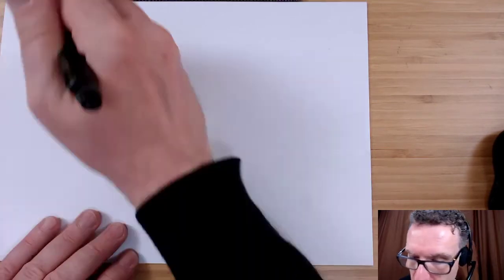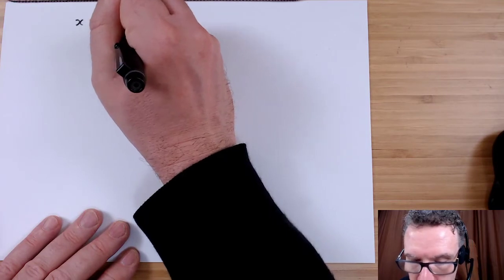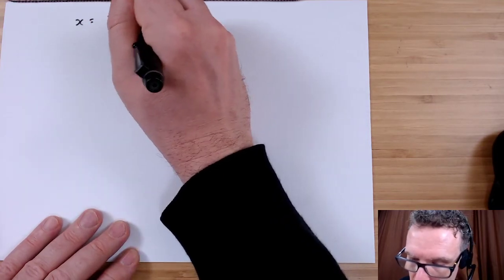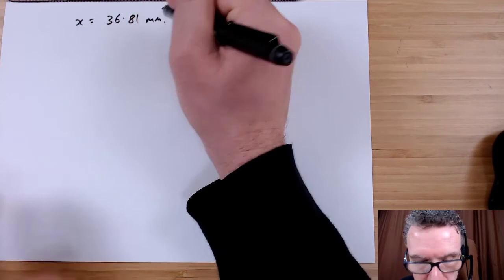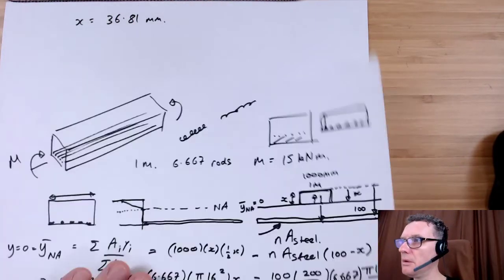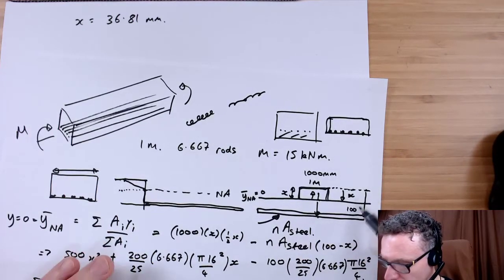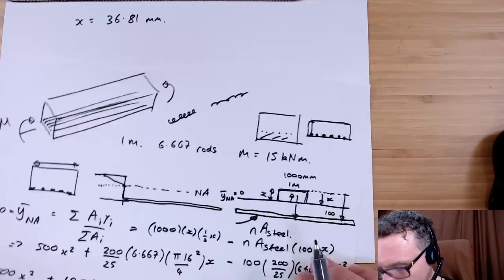So that gives me x equals 36.81 millimeters, which kind of sounds about right. Didn't expect it to be a bit less than 50.